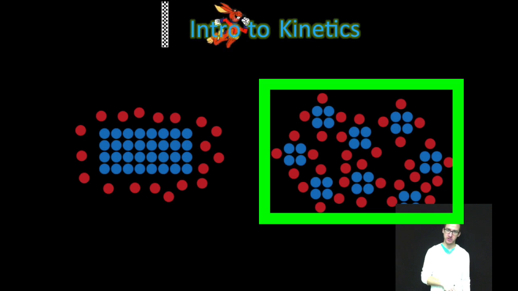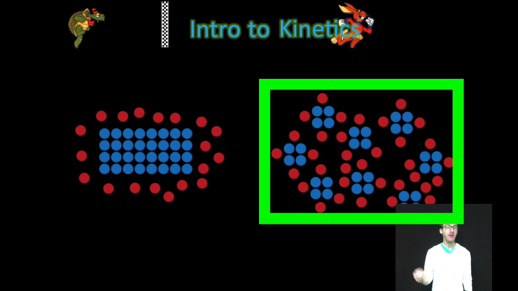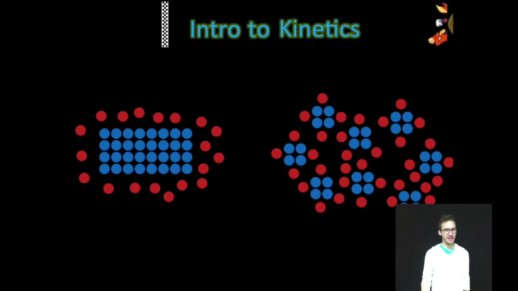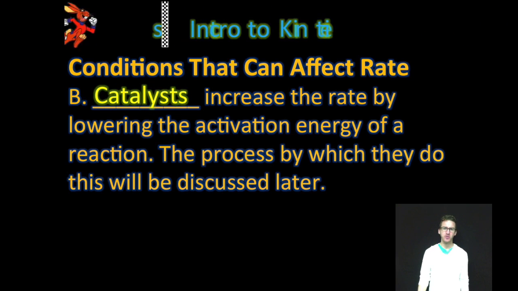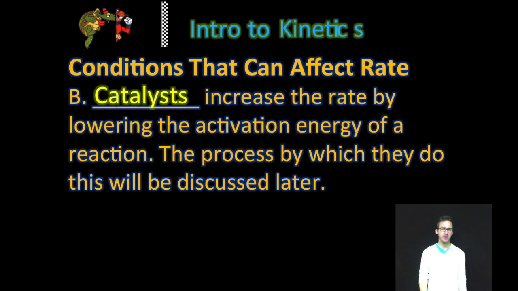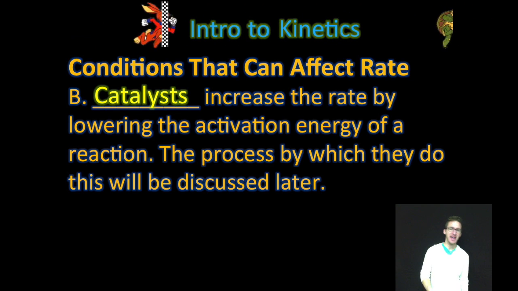But by crushing it up into smaller pieces, which is what you see on the other side of your screen, it enables the other red reactant to react with the solid blue component over a greater area and therefore react more quickly, increasing the rate. Less tortoise, more hare.